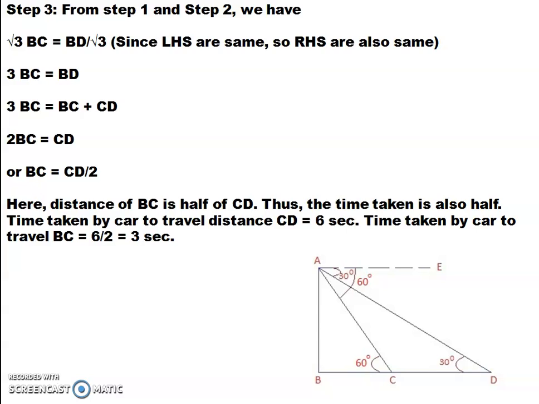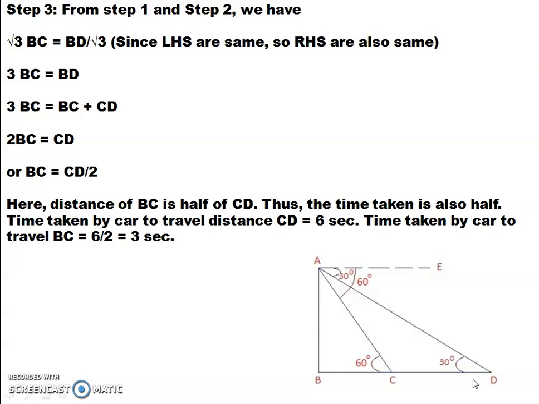What is the relation between distance and time? They are directly proportional. Distance of BC is half of CD. Thus, the time taken is also half. In the question, it is given that from D to C, it took 6 seconds.